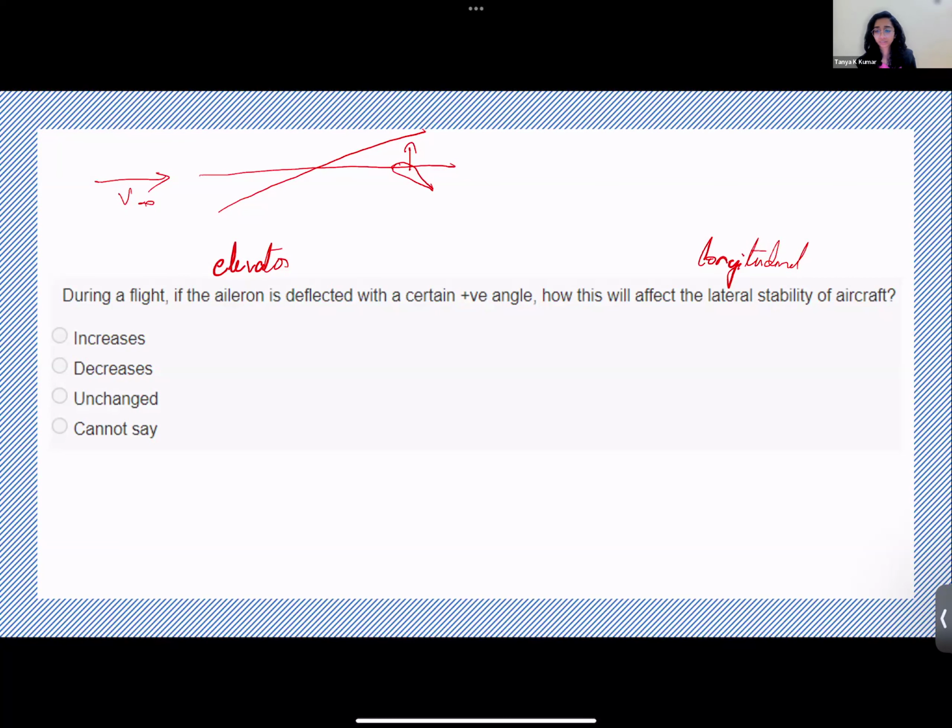Longitudinal stability. How do we define it? Static stability, longitudinal static stability. Okay, what is the definition of stability? You don't have to name it in the exact terms, just what you understand by it.